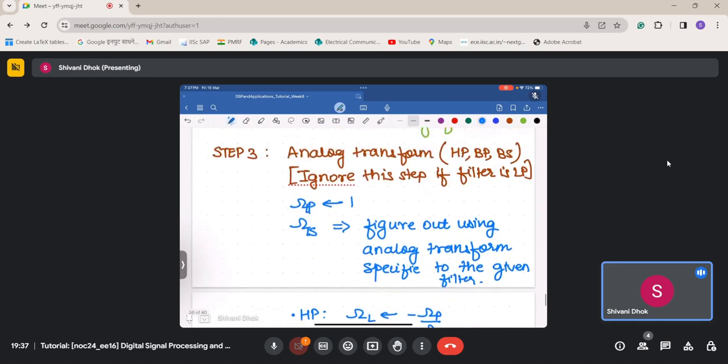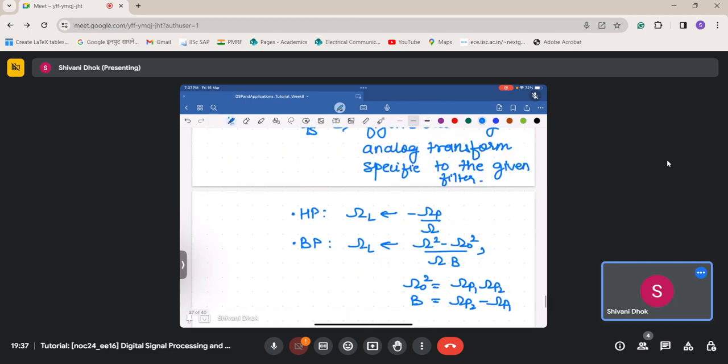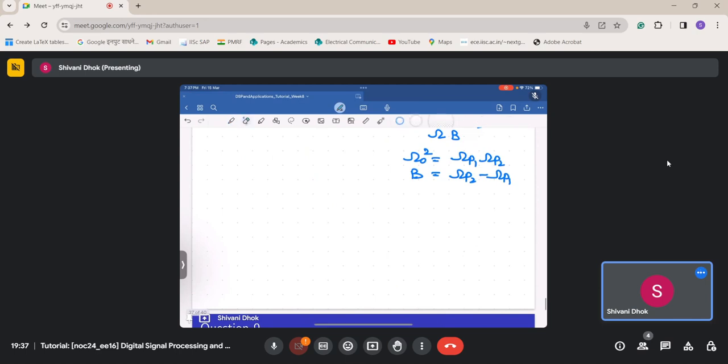So now you have omega LP and omega LS. This was step 3. After this, you will do step 4.